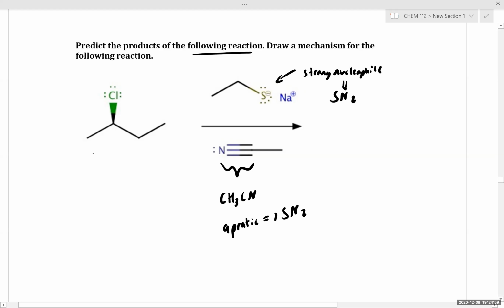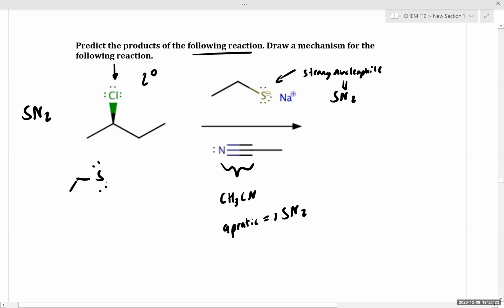And then looking at our substrate, is this alkyl halide primary, secondary, or tertiary? It's secondary. That's ambiguous, but we have a strong nucleophile and an aprotic solvent, so this looks to be an SN2 reaction mechanism.